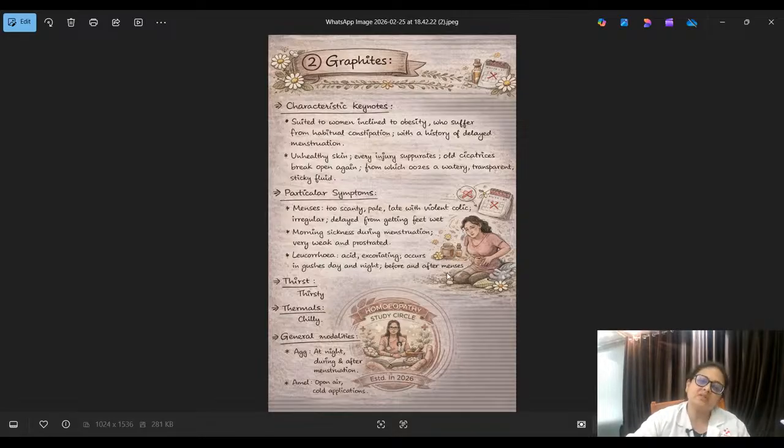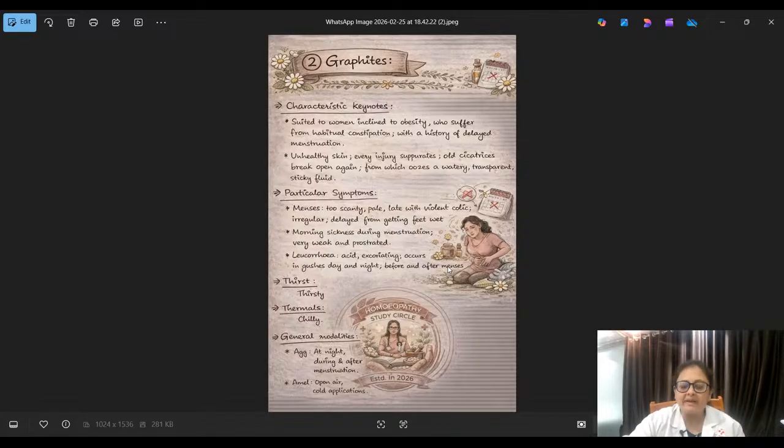See, to some extent, before and after menses, leucorrhea is common. White discharge per vagina before and after menses to some extent is common. That is 1 or 2 days before menses, 1 or 2 days after menses, and 1 or 2 days during ovulation. And that leucorrhea will be watery, non-offensive, it will not stick to the clothes, and when washed, it will not leave a stain.